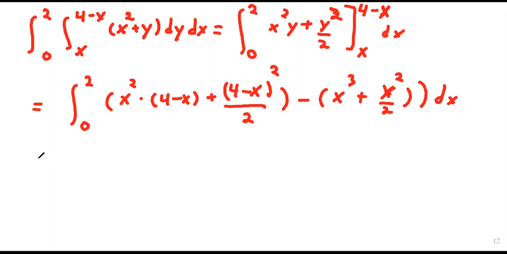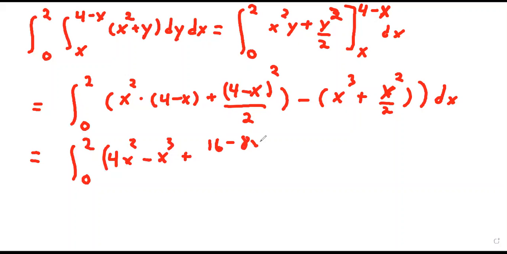So obviously we're going to have to simplify first. Let's simplify that integrand. We could start by foiling this: 4x squared minus x cubed, and this is the whole thing here. Plus, let's foil this in our head: 16 minus 8x plus x squared, all over 2.